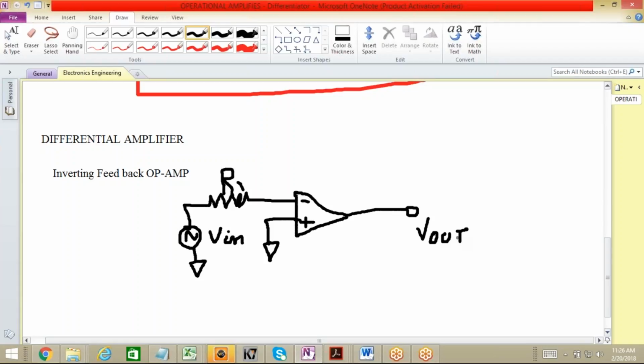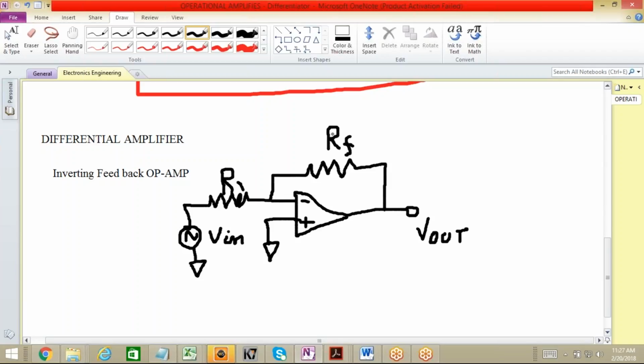Right? And now, as per the feedback phenomena, what we have to do? We have to connect a resistance from output to the input part, and this is termed as your feedback resistance. Okay, this is your feedback resistance.